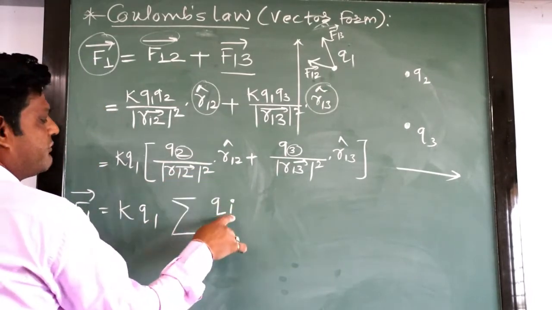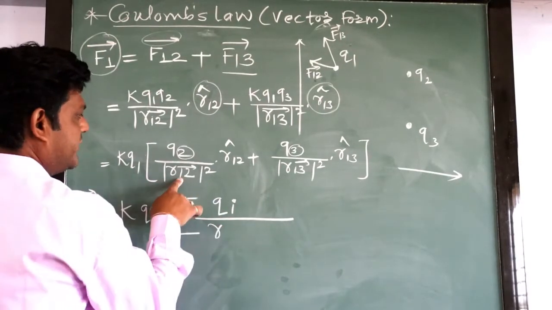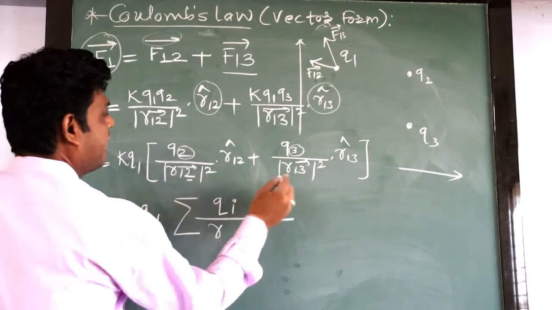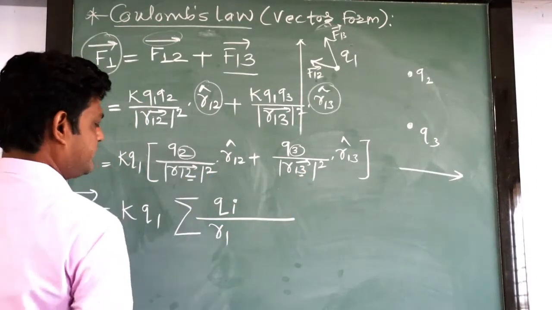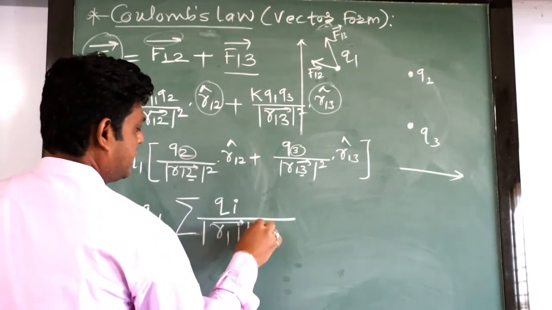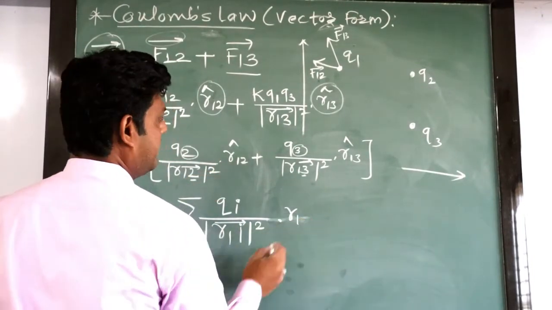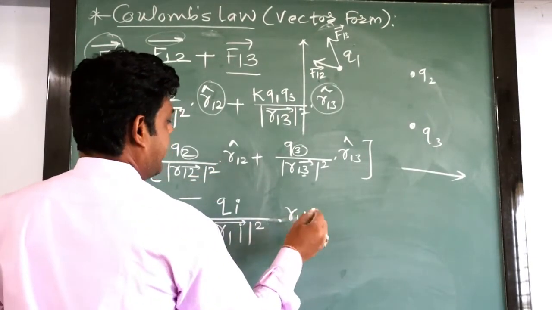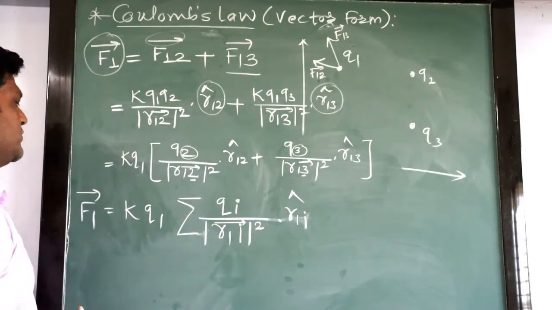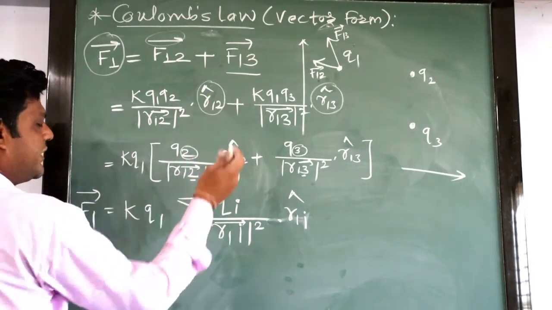The varying term we denote by the letter i. Here in R, one is fixed and the next is varying, so we will write R1i vector mod square into R1i cap. So this is the force acting on 1 due to the remaining charges.